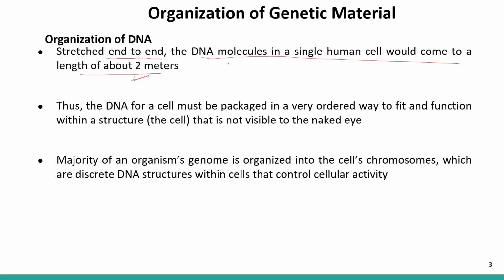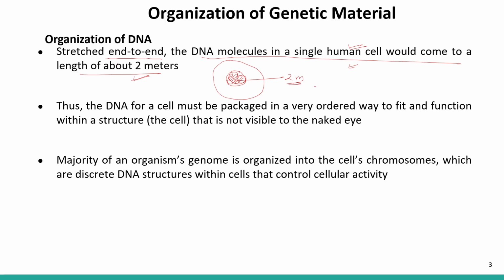Now imagine a cell which we cannot see with our naked eye. Suppose this is a eukaryotic cell, in fact a human cell, with a nucleus. We cannot see the cell or the nucleus, and the chromatin material inside the nucleus is 2 meters long.